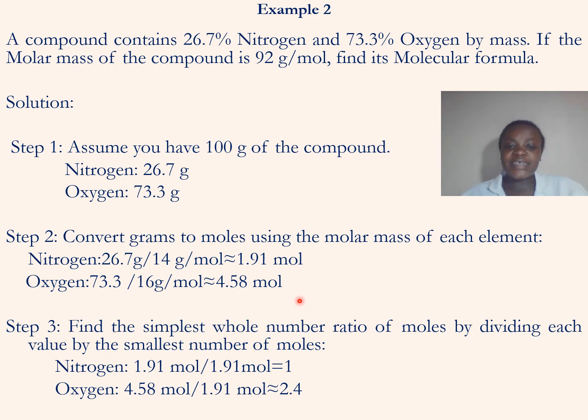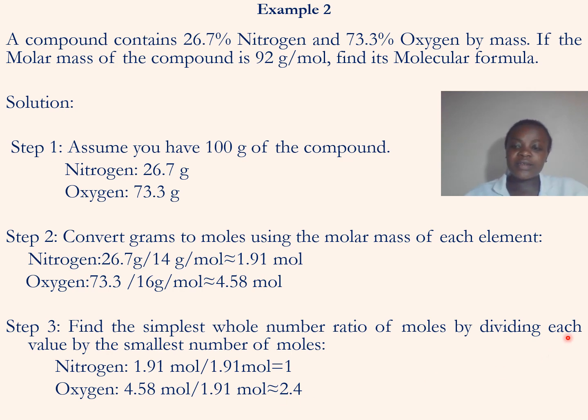For our case here, the smallest number of moles is 1.91 moles. So we divide everything by 1.91. For nitrogen, we divide by 1.91, it would give us 1. Then oxygen, that is 4.58 moles divided by 1.91 moles to give us approximately 2.4.